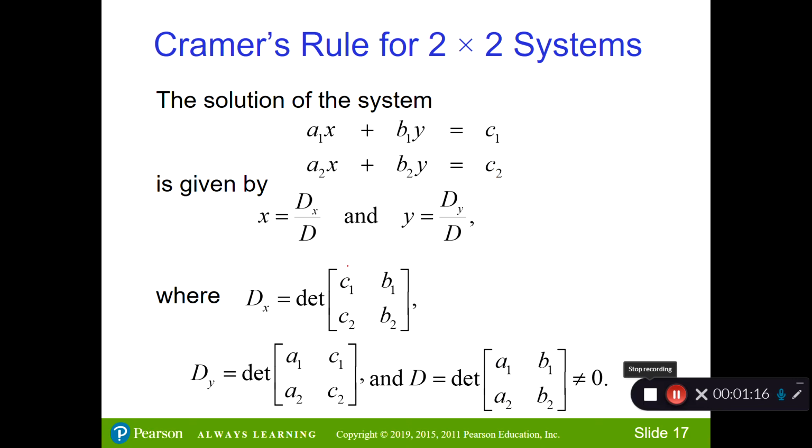So the x column is just replaced with the equal sign, but otherwise it's the same determinant matrix. And the y is, again, this matrix, but the b's are replaced with c1, c2. So we just form the determinant D and then replace each one with either the c1 or the c2.